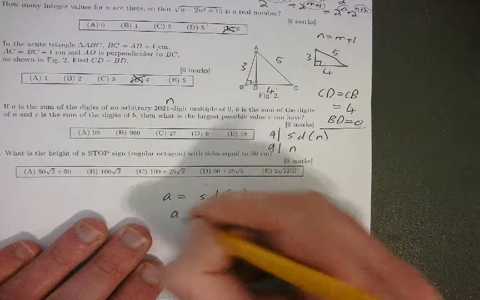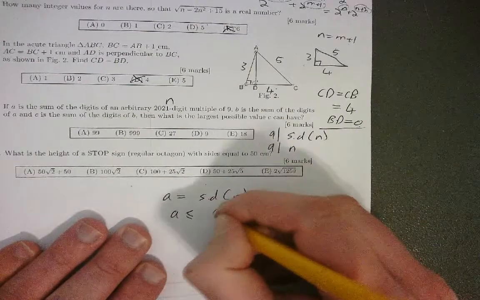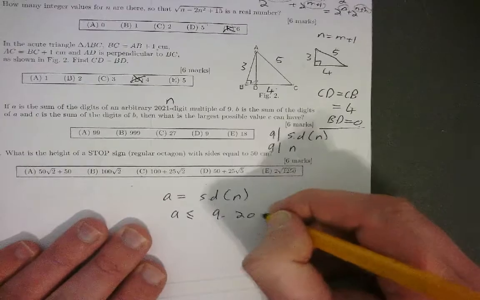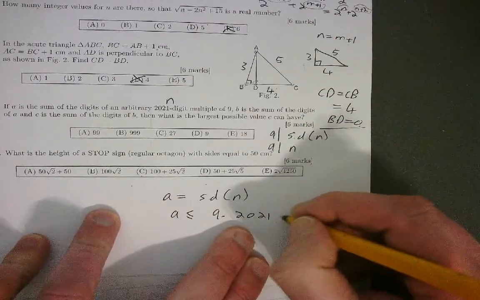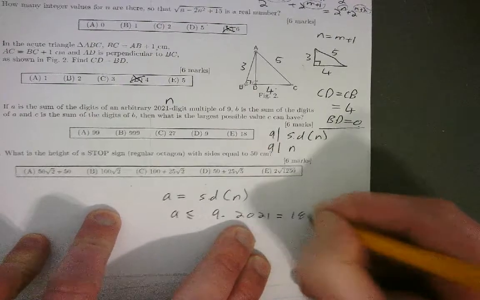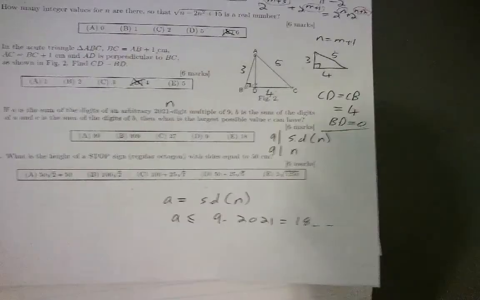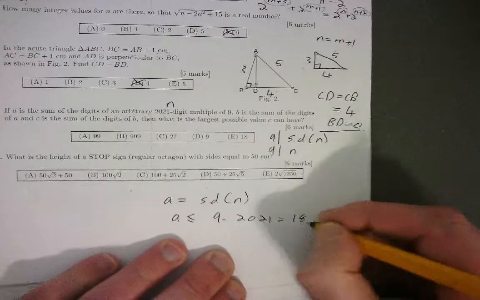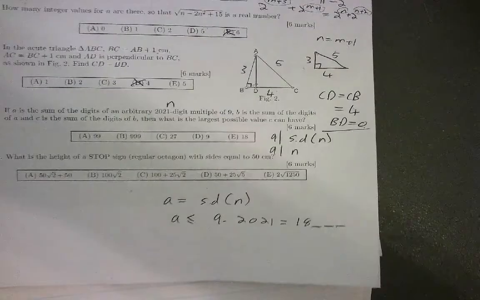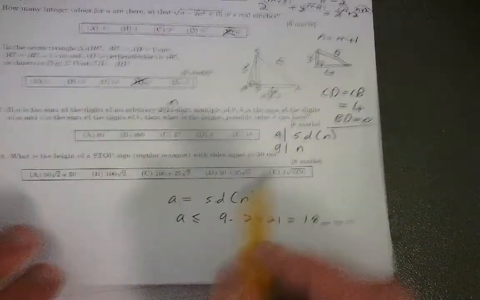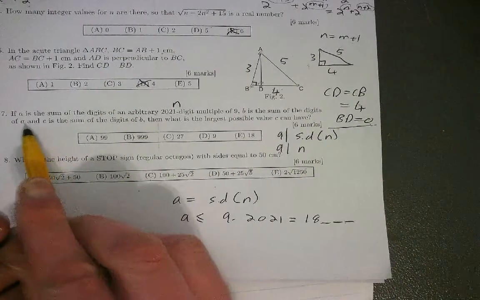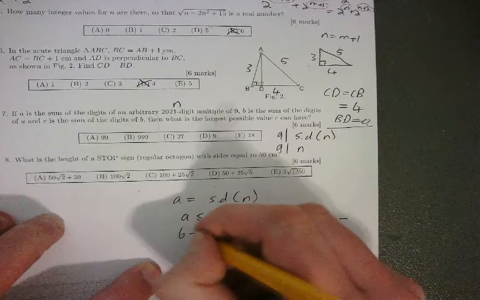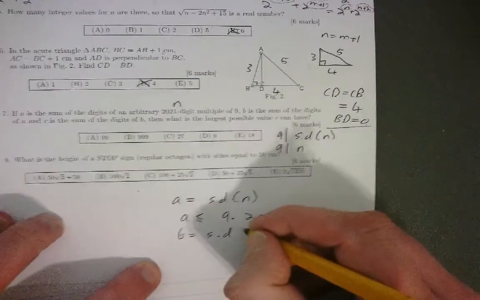So we've got that a is smaller or equal to 9 times 2021, and this is just equal to 18 something. Okay, this is just 3 digits. Then we've got that b is the sum of the digits of a.